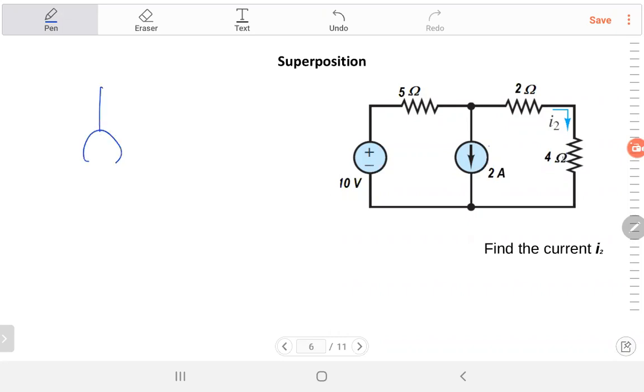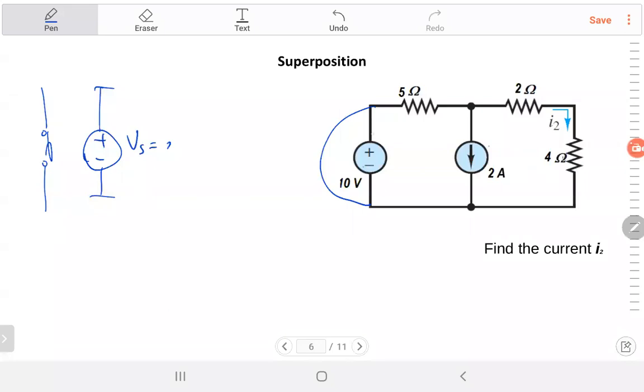The voltage source, you can kill the voltage source, make it Vs equals 0. What does it mean the voltage is equal 0? It means short circuit. It means like if you have a switch, just close the switch. If you want to kill this voltage source, you put a short circuit on it.